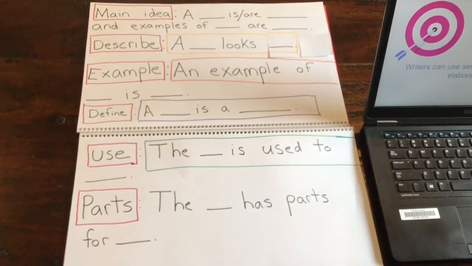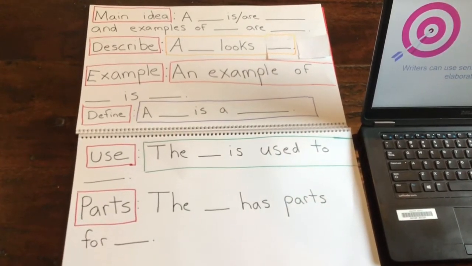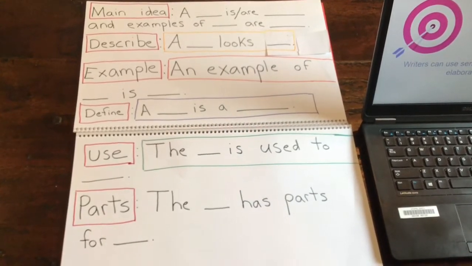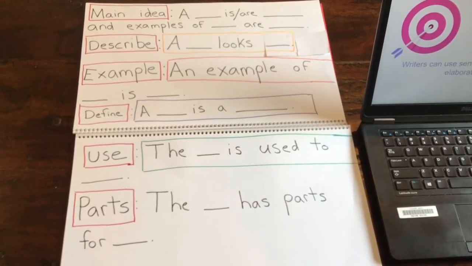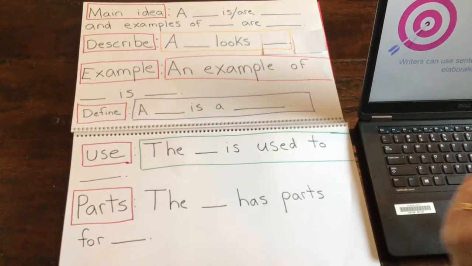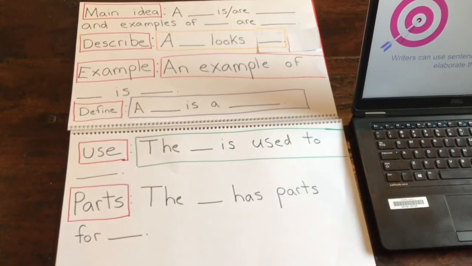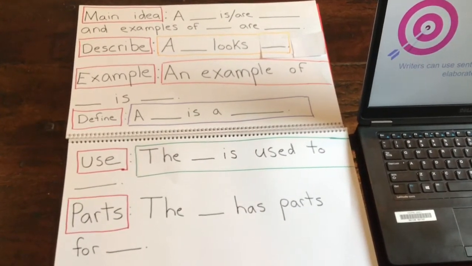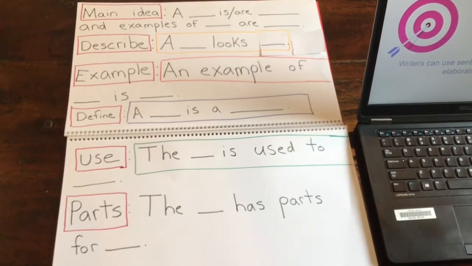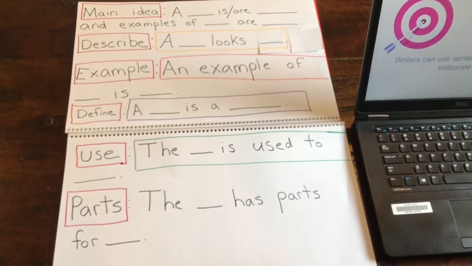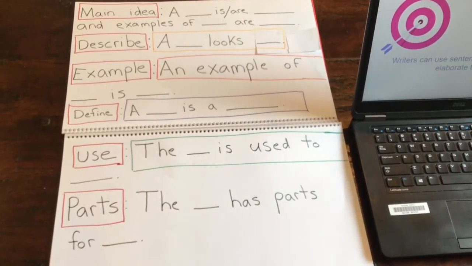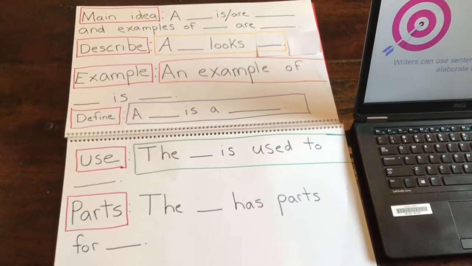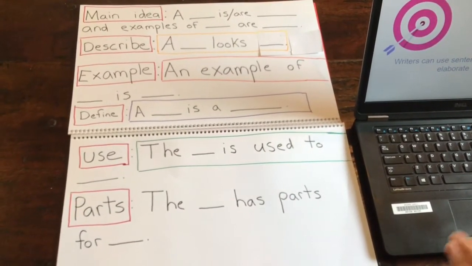All right, so the first elaboration technique that we saw is describe, and the sentence is a looks. Notice that I've put a yellow box around that. When we look in my writing, whenever it is described, you will see the words highlighted in yellow. Our next elaboration technique is example. Here's our sentence frame.